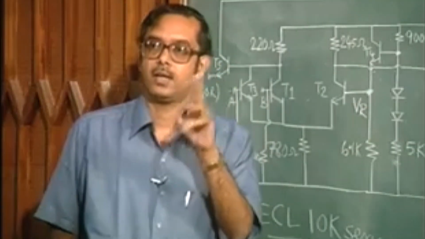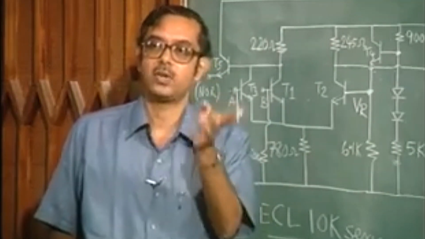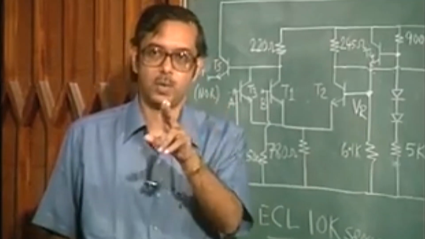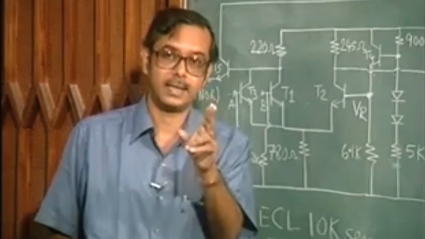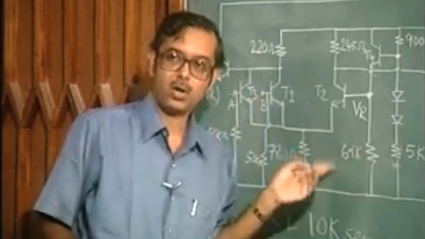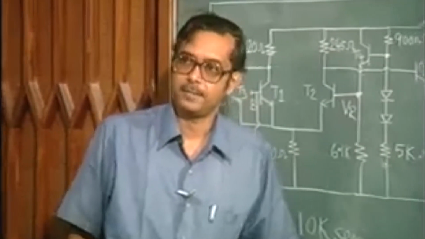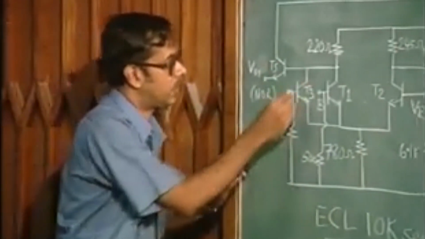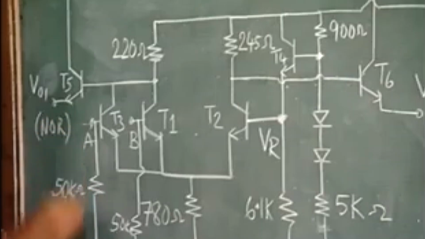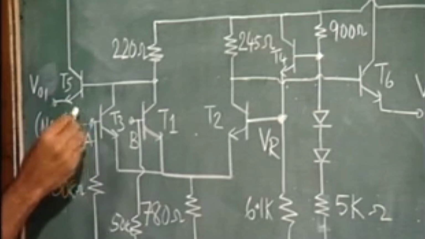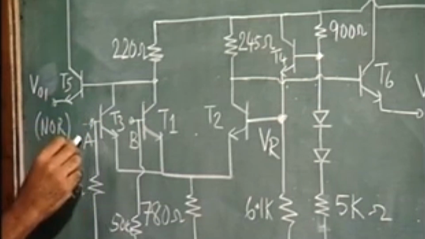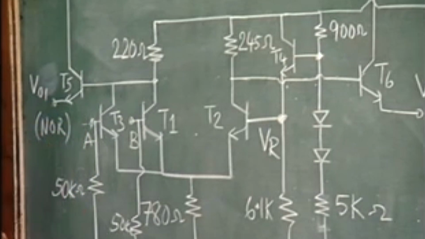Any 0 is going to force the output to 1 in a NAND, whereas in a NOR any 1 is going to force the output to 0. That is why you have a resistance at the input, which means that any unused input has a logic 0.